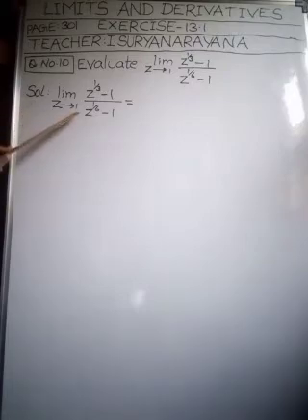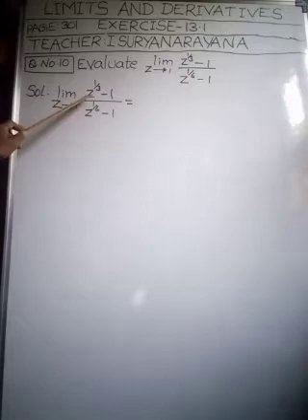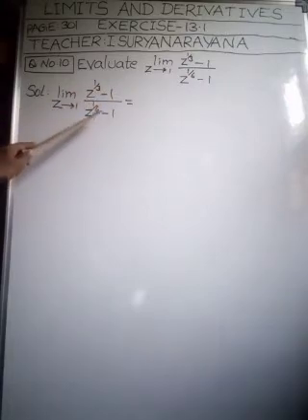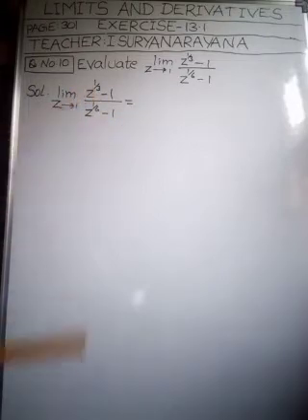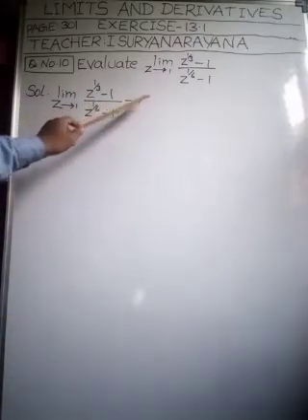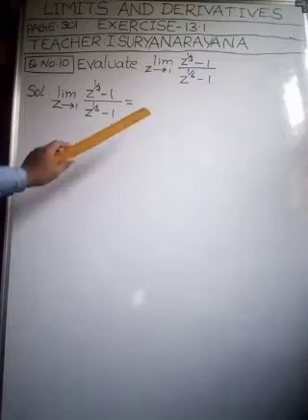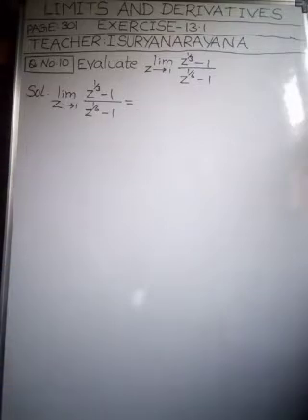As z tends to 1, limit of (z to the power of 1 by 3 minus 1) divided by (z to the power of 1 by 6 minus 1). What I said, the first method is the substitution method. If you follow that method, you get 0 by 0, an indeterminate form. I am not doing that one.